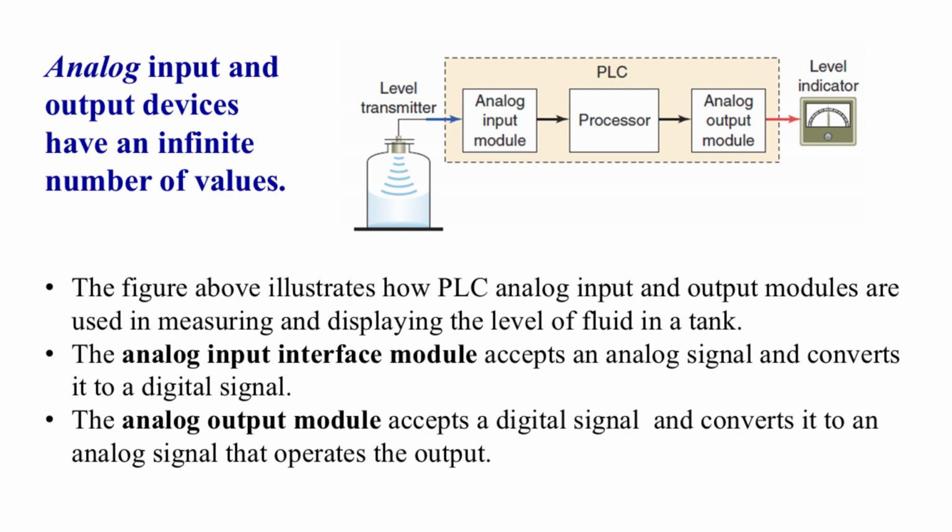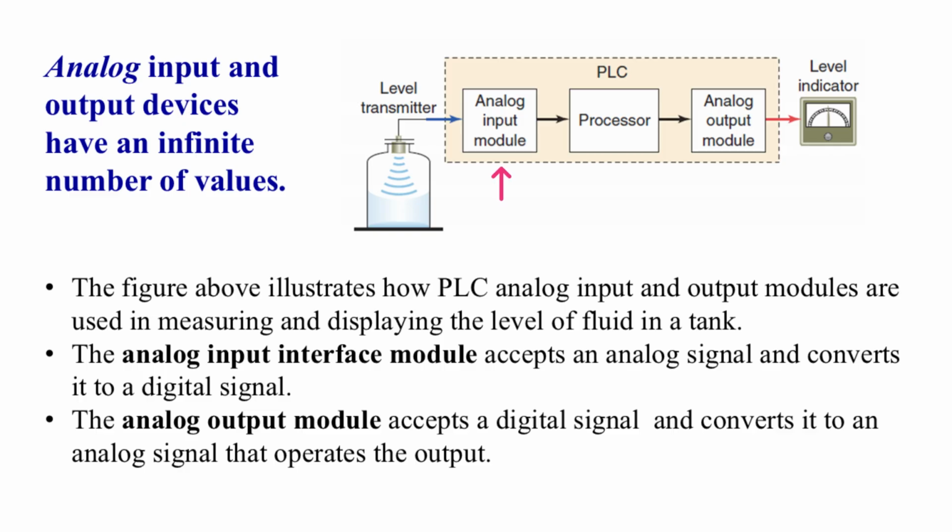There are two basic types of analog input modules: voltage sensing and current sensing. Voltage sensing modules measure varying DC voltages, while current sensing modules measure current signals. This figure illustrates how PLC analog modules are used to measure and display the level of fluid in a tank. The level transmitter produces a variable signal that reflects the height of the liquid.